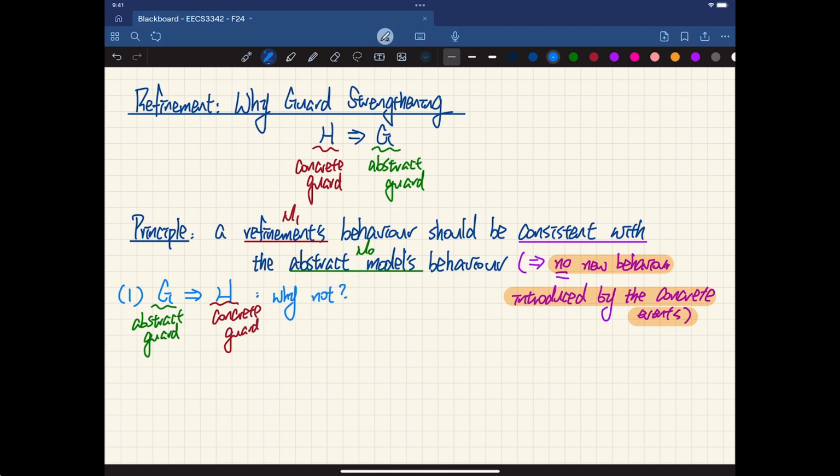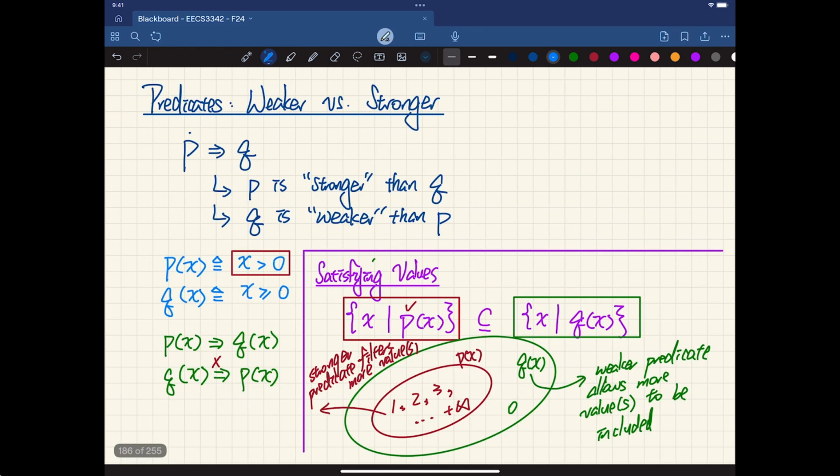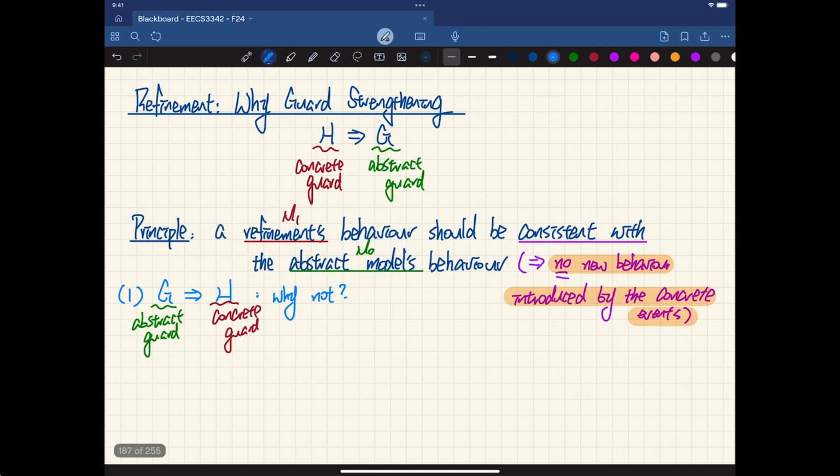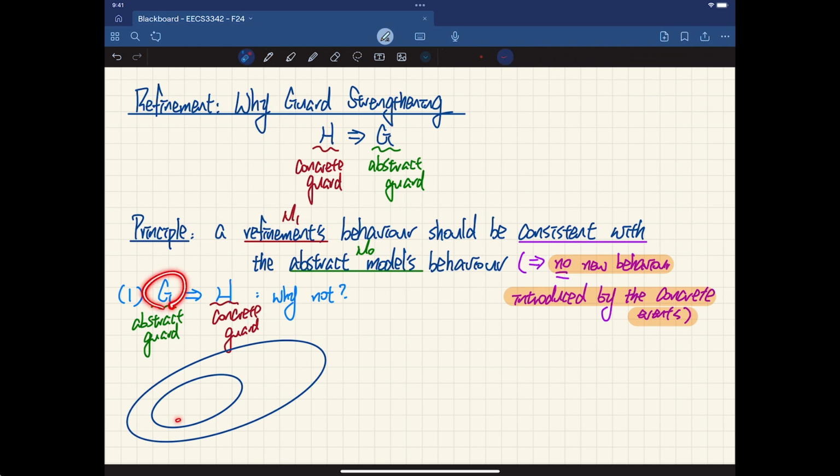What we learned earlier in the page over here is going to help us. Let's try to visualize it right away. If we want to show that G is stronger than H, visually speaking, what's going to happen? We're going to have a diagram like this. One here, and one here. Which one should be the smallest circle conceptually? G, right? Because here G is stronger, so that should be the smaller one.